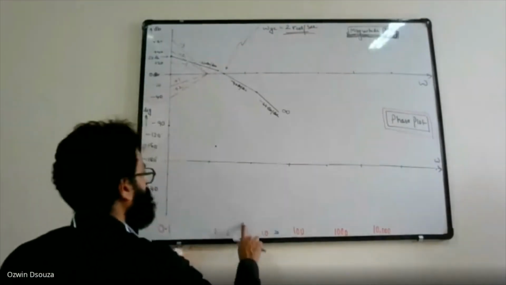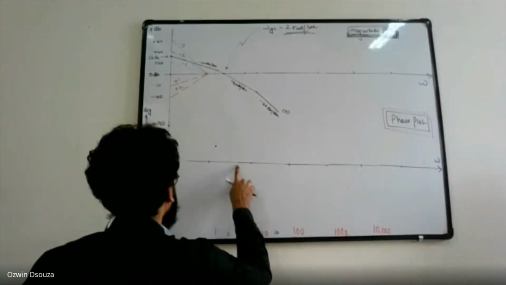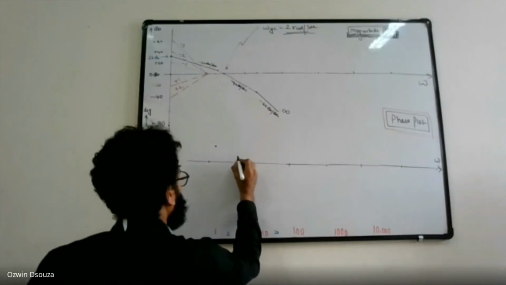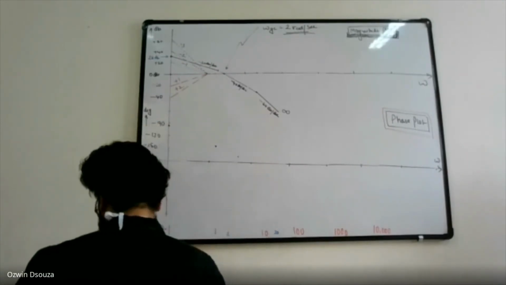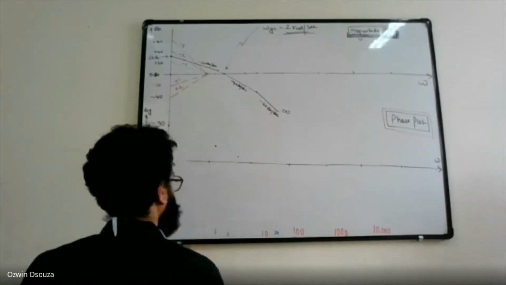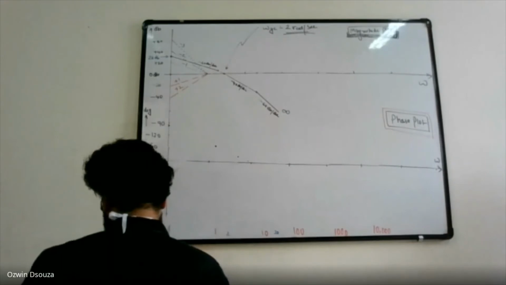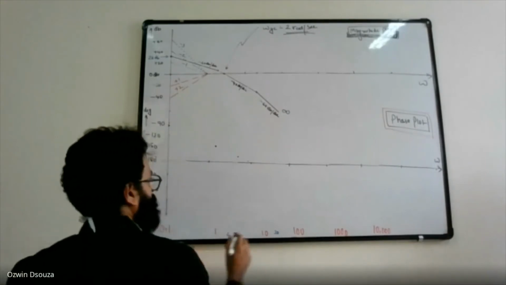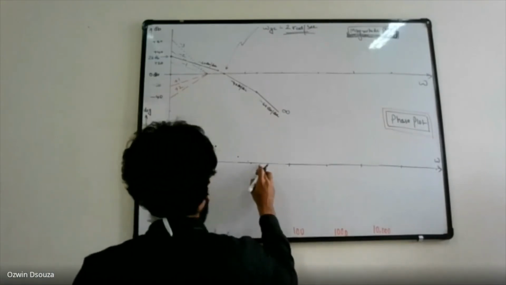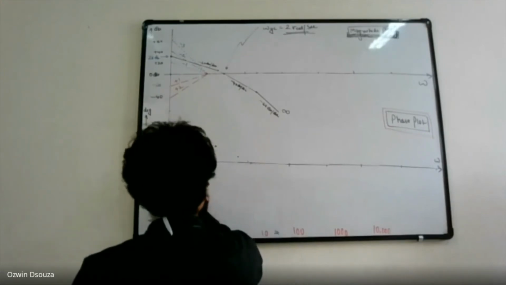So 4 is somewhere here. Minus 164 is somewhere here. And then at 6, it is minus 178. Somewhere here. Okay. And at 10, it is minus 195. So 10 is here. 195 will be somewhere here.